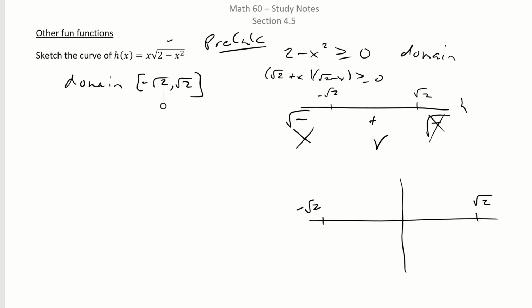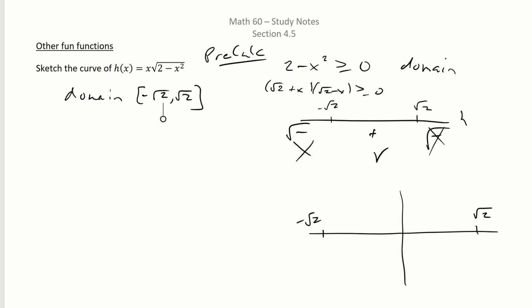So the rest of this, I guess we're just going to have to go after this and find domains and do our usual thing here. So there's h. It's got an x and a radical 2 minus x squared. There are some tricks here that are good for you to see.